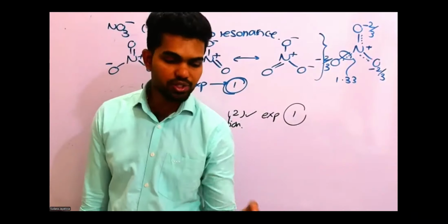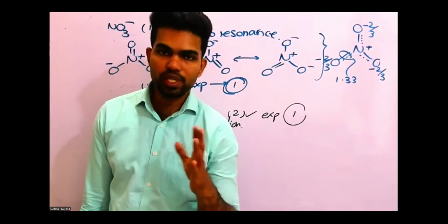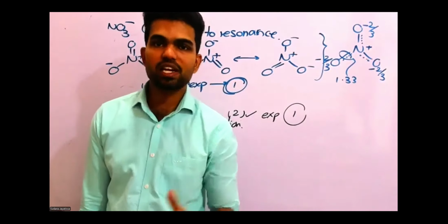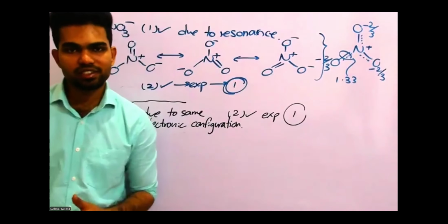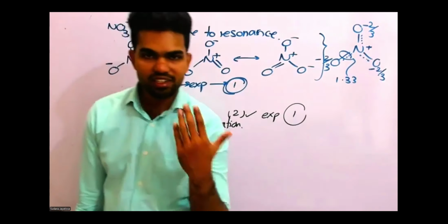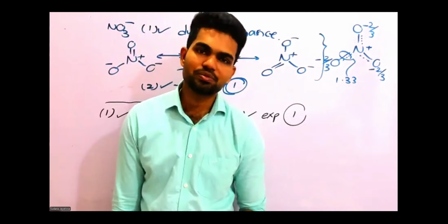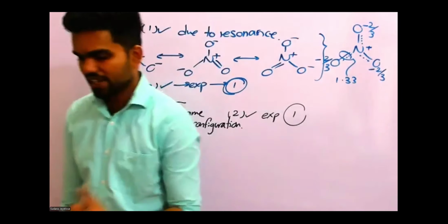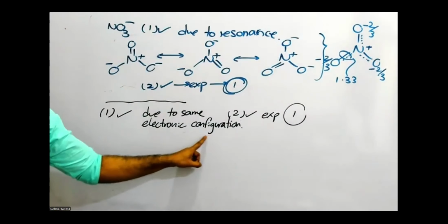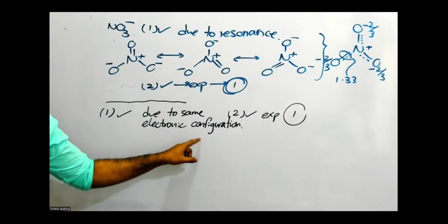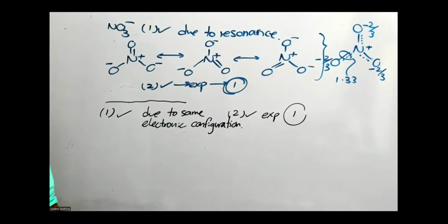You write that also in your review. So if they have the same electronic configuration, their chemical properties must be the same, isn't it? Chemical reactions depend on the number of electrons and how electrons are exchanged.